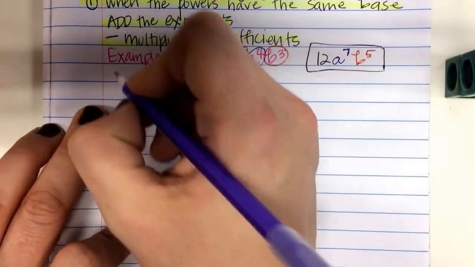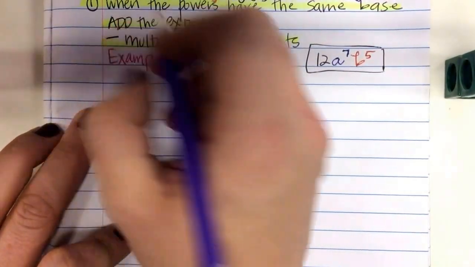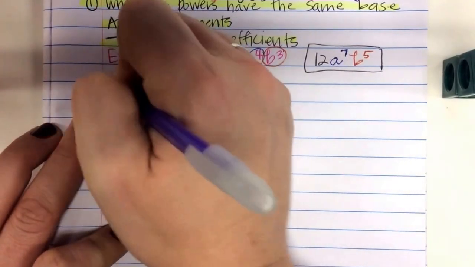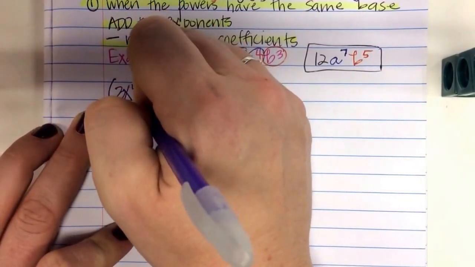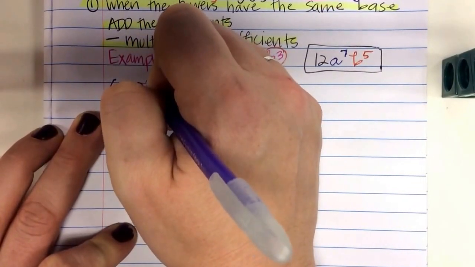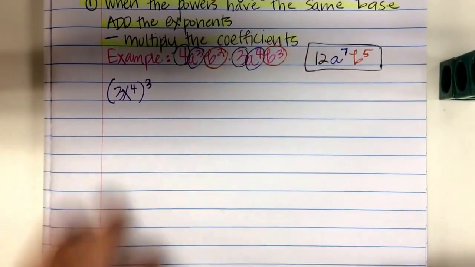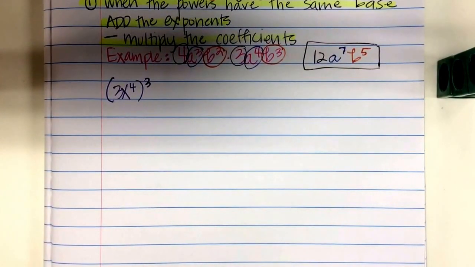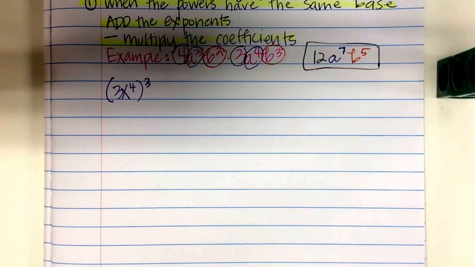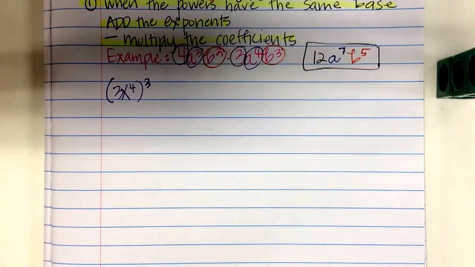All right, let's try this type of problem. Three x to the fourth to the third. 3x to the fourth to the third. When in doubt, what could you do? Write it out.